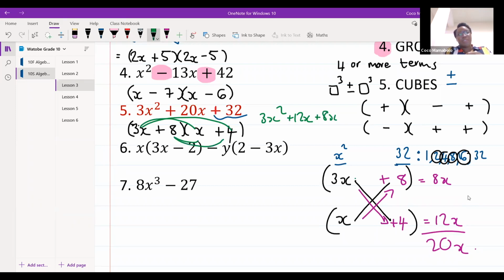And then 8 times 4 will give me 32. And then I can just add these together. 3x squared, 12x plus 8x will give me 20x plus 32. That's how we check for these. So those 2 numbers at the end, when multiplied together, are going to give me that 32 I'm looking for. I know it doesn't look like the 32, but it's there. Trust me, it's in there.